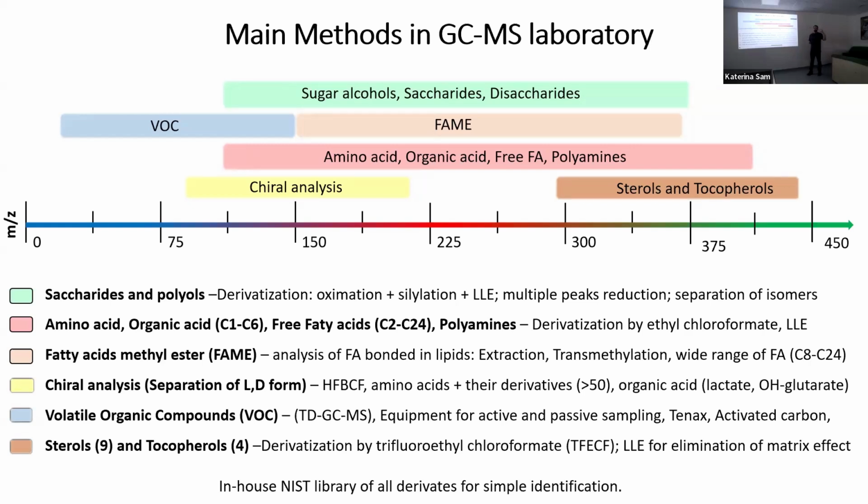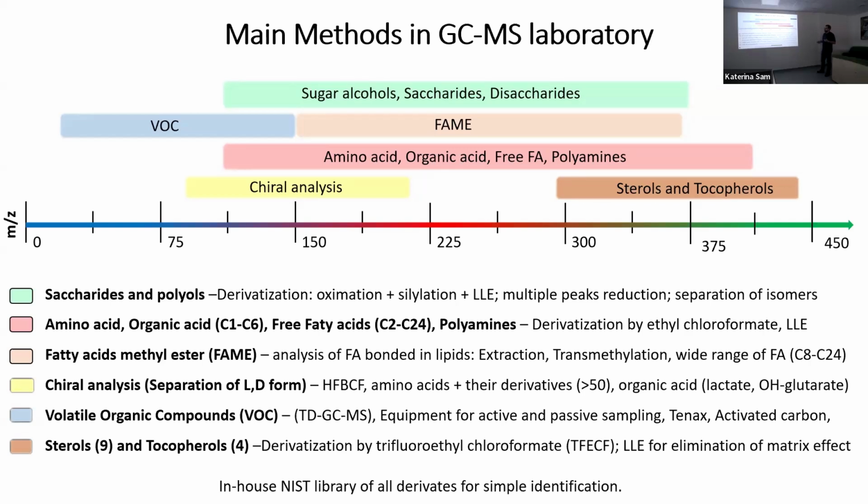We typically use the functional carboxyl and hydroxyl groups, and we add a special part for better volatility of the metabolites. In the GCMS lab, it's possible to measure quantitative information of fatty acids, in both versions, the free fatty acids or the fatty acids included in lipids.